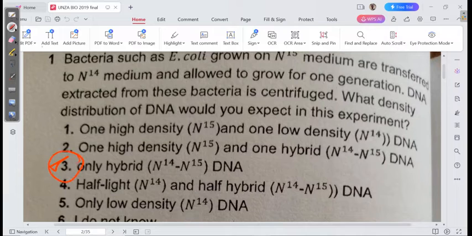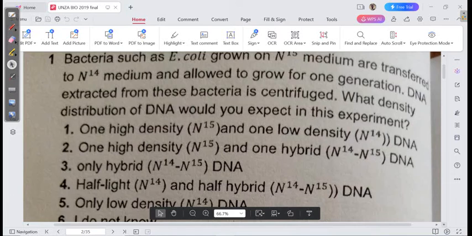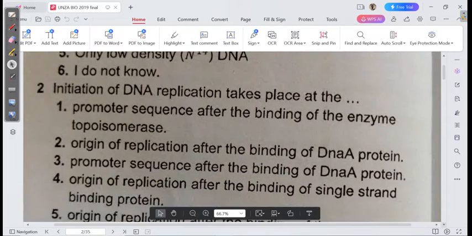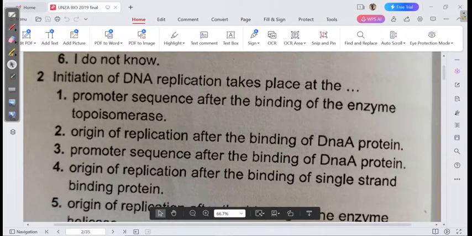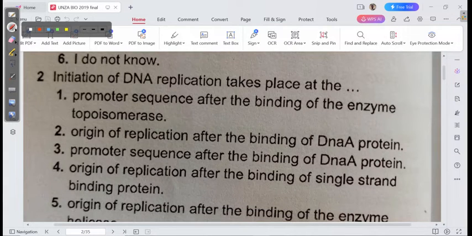Any questions? Okay, so if you don't have questions, let's move on to question 2. Initiation of DNA replication takes place at the: 1, promoter sequence after the binding of the enzyme topoisomerase. Then 2 is saying origin of replication after the binding of DnaA protein.